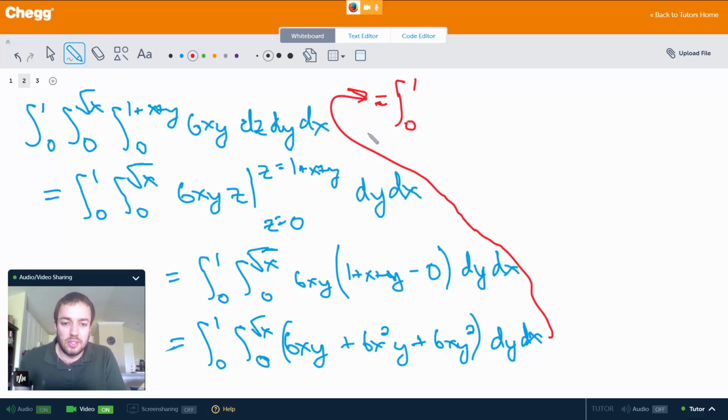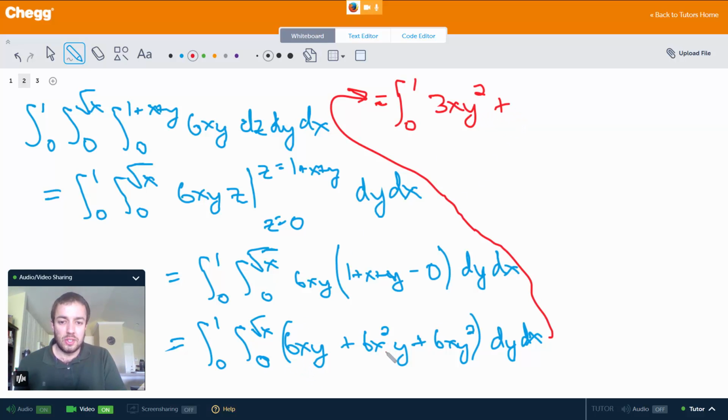Now we're going to integrate again, so we're going to integrate this one on the inside. Now we're integrating with respect to y, so all of the x's, we're going to treat them as a constant. And we have, so if we integrate 6xy, that's going to give us 3xy squared, because remember, 6x is just a constant.